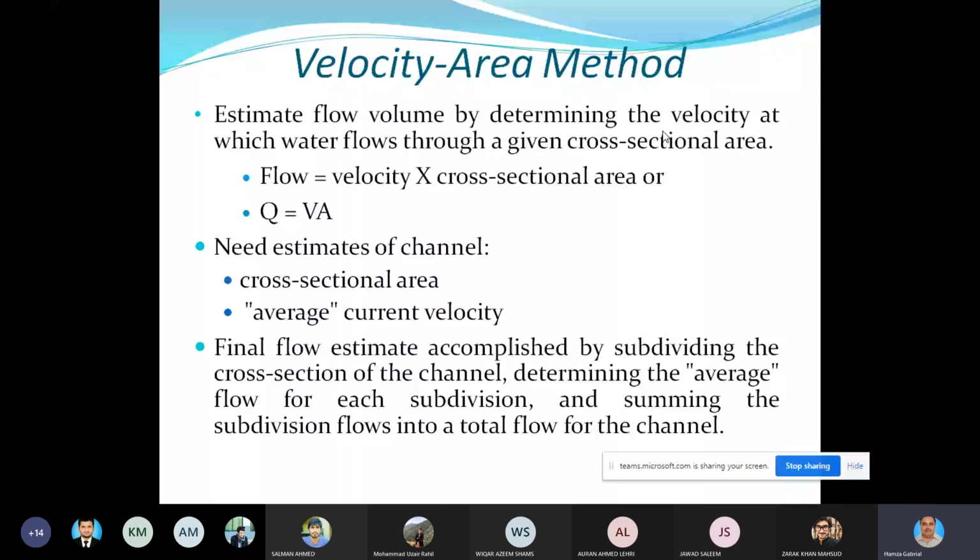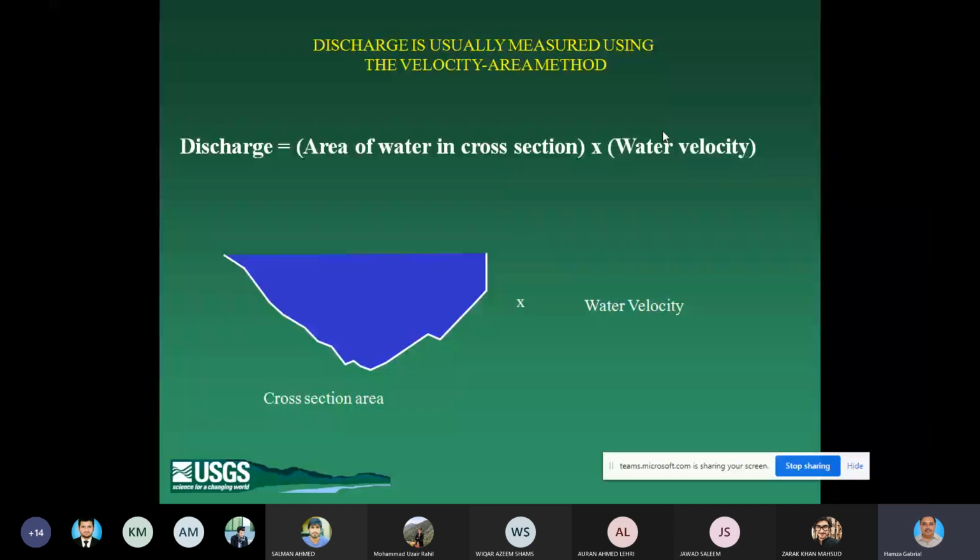So in this way, you can sum all the velocities in these subsections, and multiplying it by the respective cross-sectional area of these subsections, you can have the total discharge of that specific channel. So this I will explain you with the help of these illustrations.